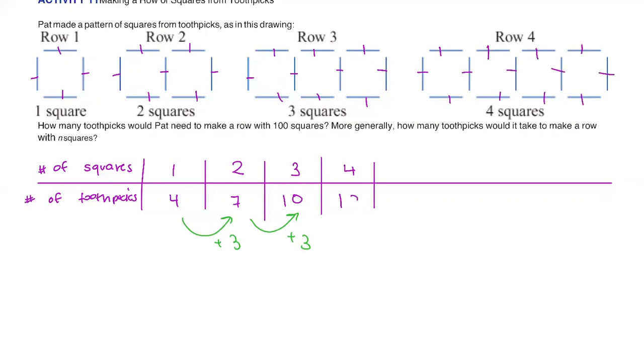Oh, that one's way more clear. 10 to 13, and just add 3. That's easy for me to see. So I'm conjecturing, to make this pattern, I have to add 3 to get to the next number. So if I wanted to get to 5, I would just add 3 and get 16.